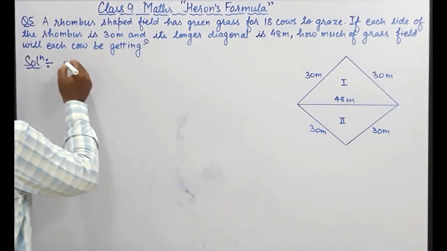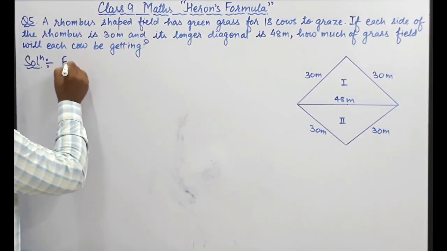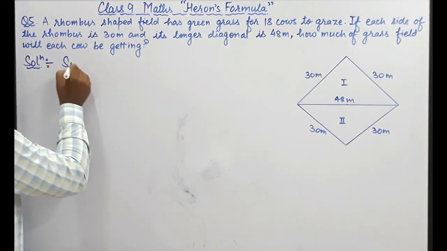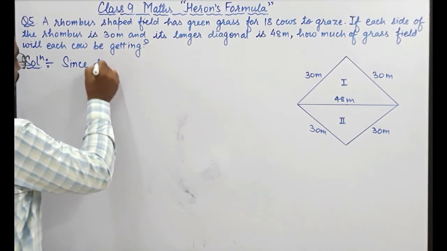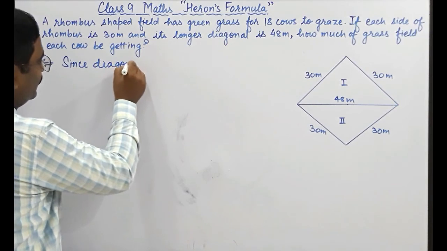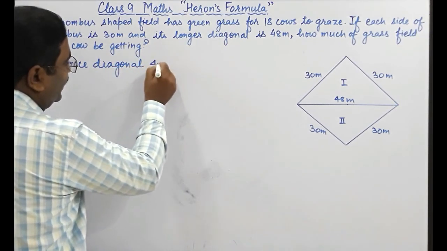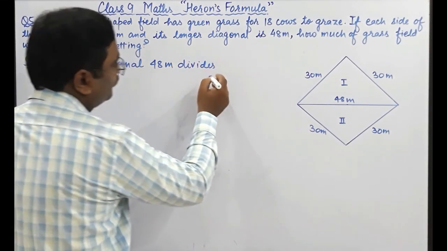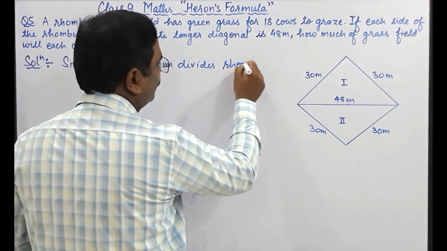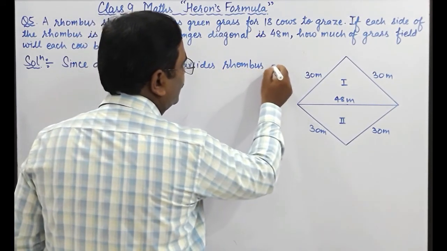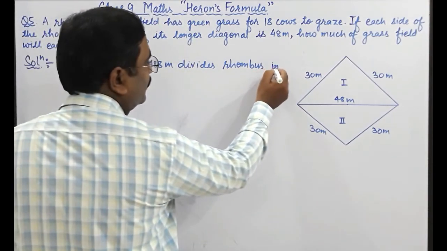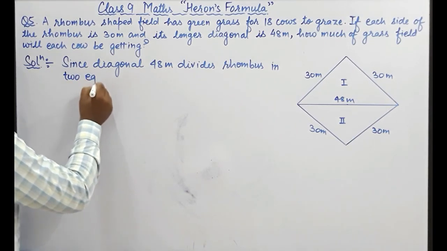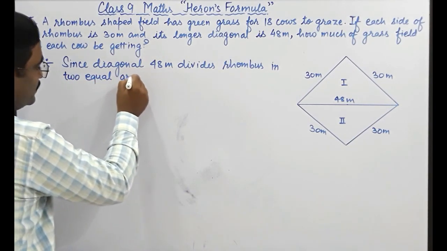So for area of first triangle, you can write, since diagonal 48 meter divides rhombus in two equal areas.